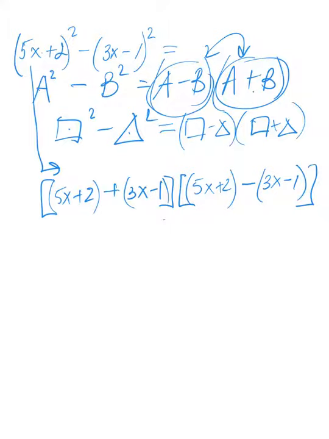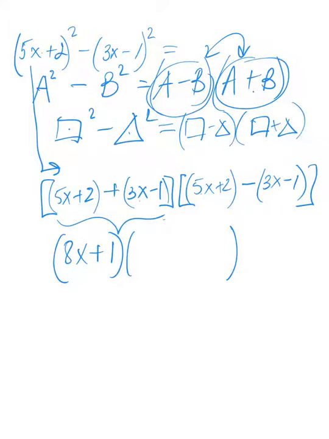So now we need to simplify within each bracket. 5x plus 3x is 8x, plus 2 minus 1, plus 1. No problem here. Now I can write parentheses instead of brackets. It doesn't matter. In the second case, I have to be careful again because of this subtraction. I will need to change my signs.